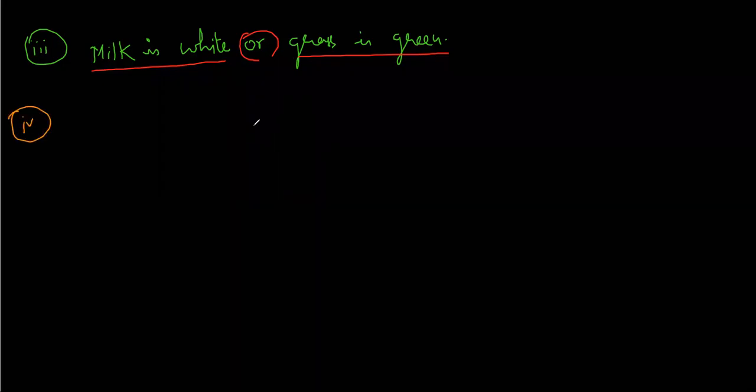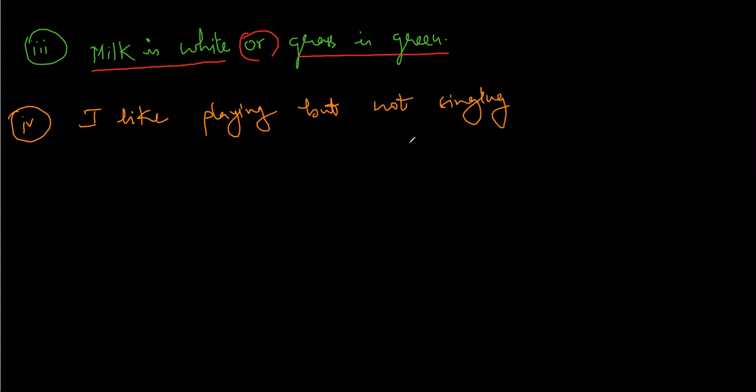Then the fourth one is: I like playing but not singing. So remember, students, this particular word "but" is used as a substitute word for "and".